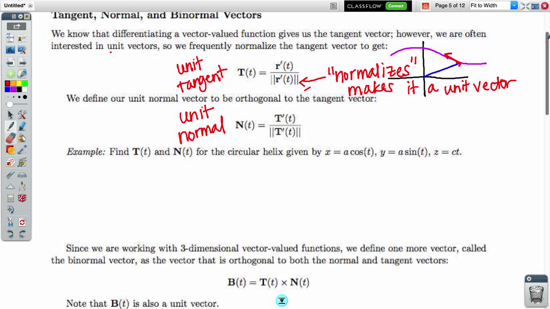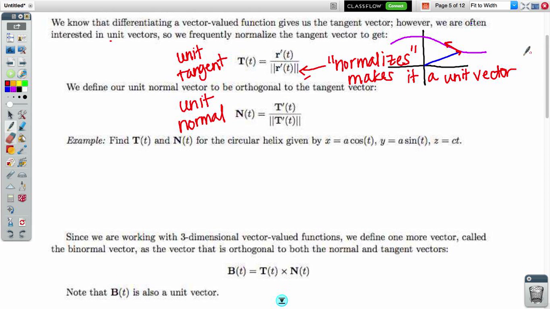Now, one thing that's a little bit weird about talking about the tangent vector and then the normal vector is in 2 dimensions. I'll try to draw this over here. In 2 dimensions, it's very clear which direction would be normal. If you have your tangent vector here, then you have your normal vector going like this, and you know that they're at a 90-degree angle from each other.